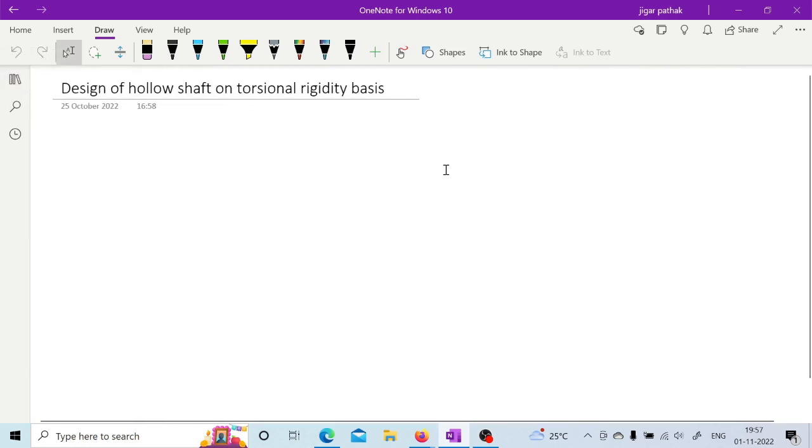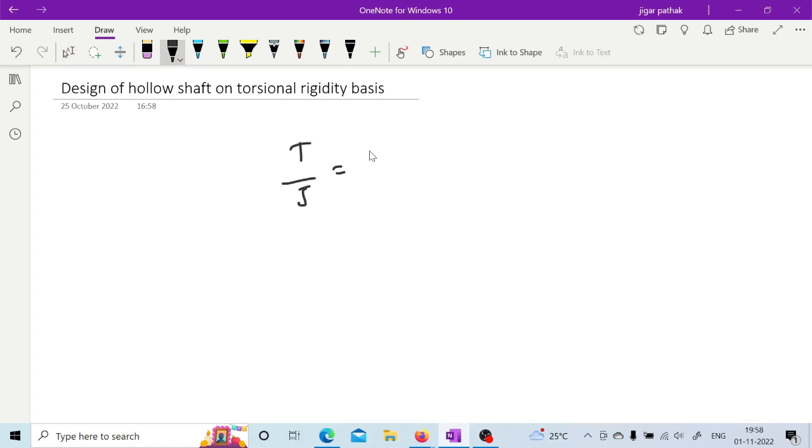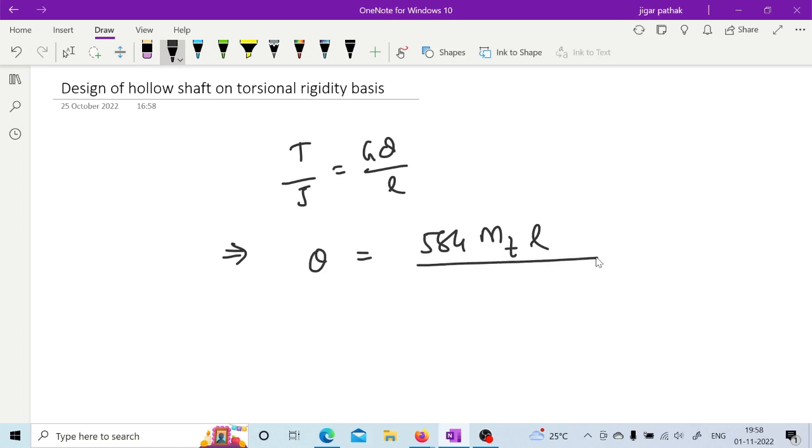In that also, you can apply T upon J is equal to G theta by L. If you put all the values in it, you can simplify that theta comes as 584 MTL upon G dO raised to 4 times 1 minus C raised to 4.